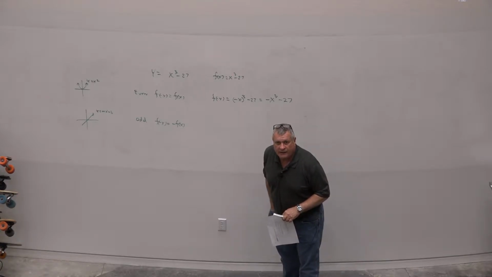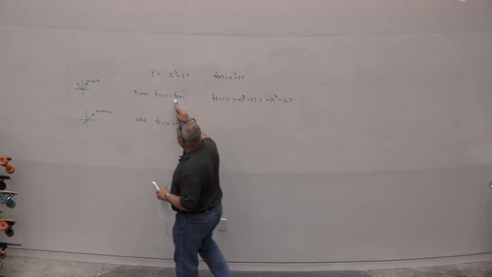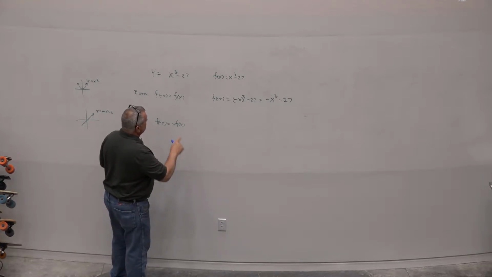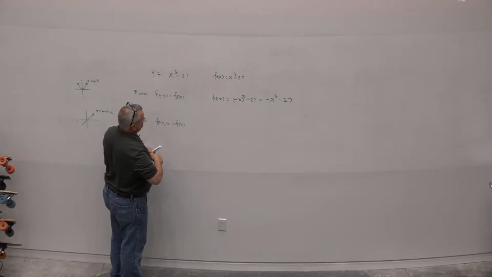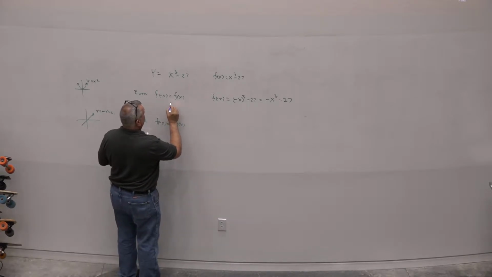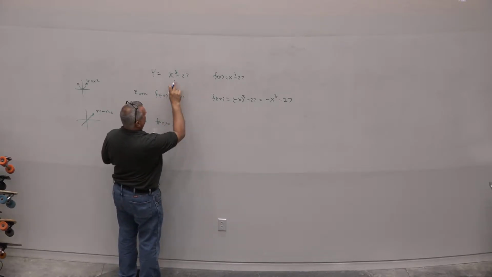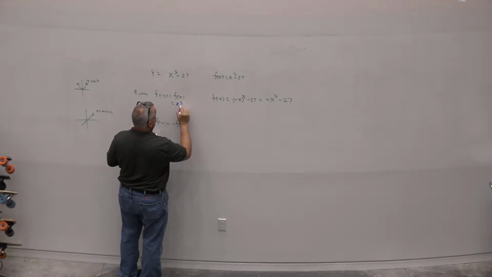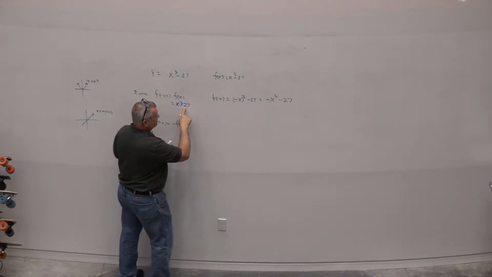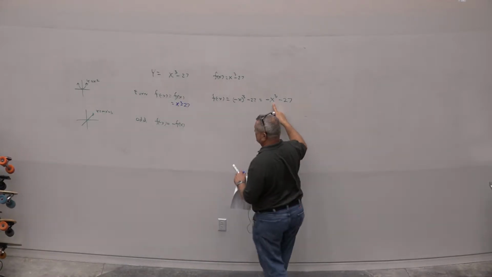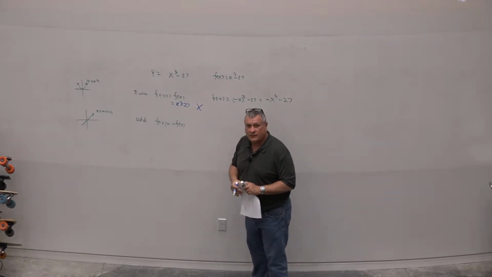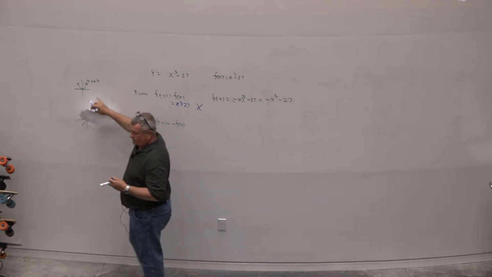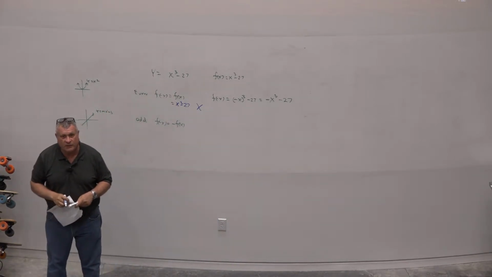Now I compare it. If this were even, I should have got back this function right here. When I put a negative x in here, I should have got back x cubed minus 27. Nope, it doesn't look like that. It's not an even function. It doesn't have this property. That's what that tells me.